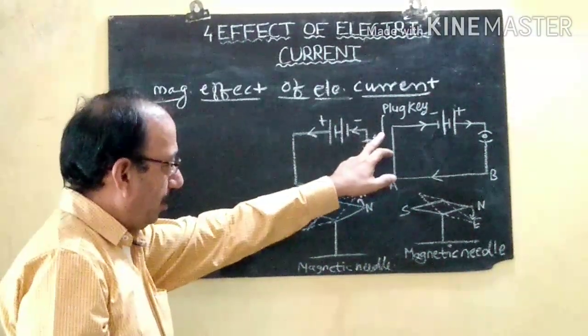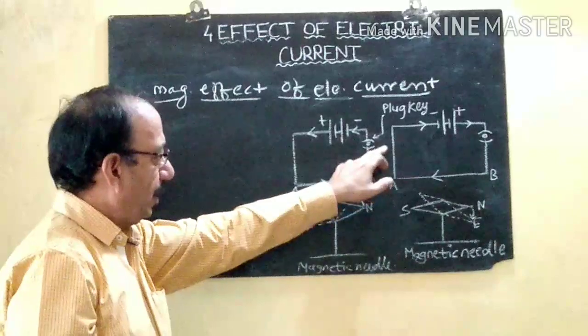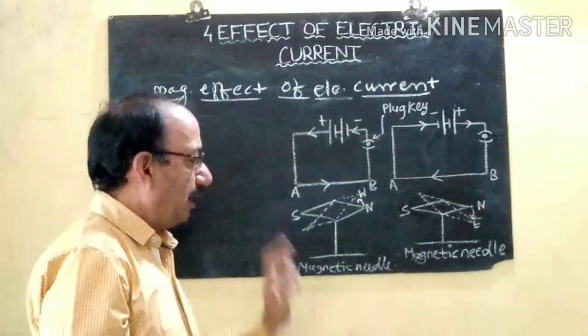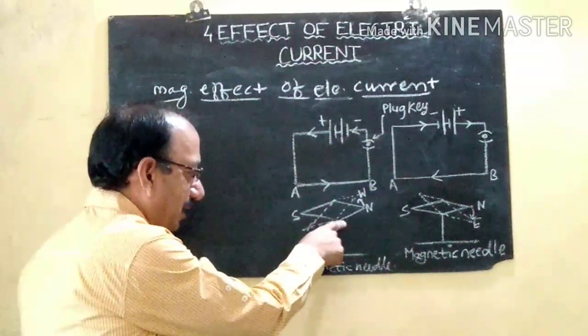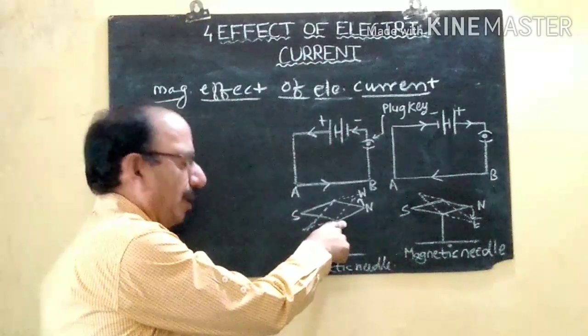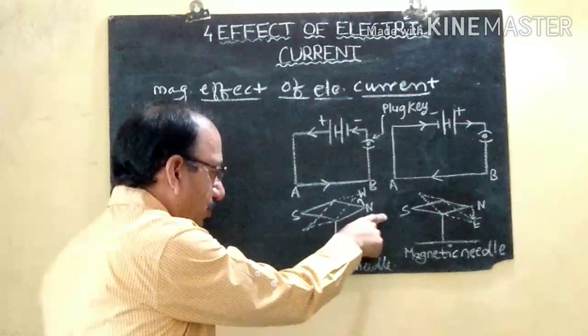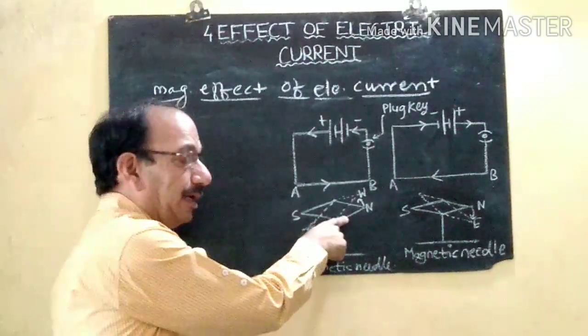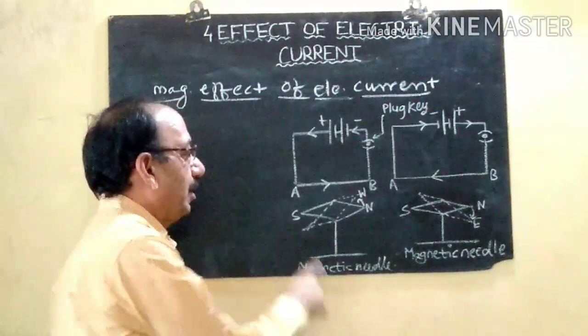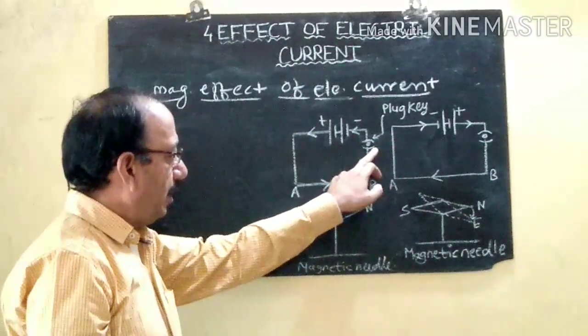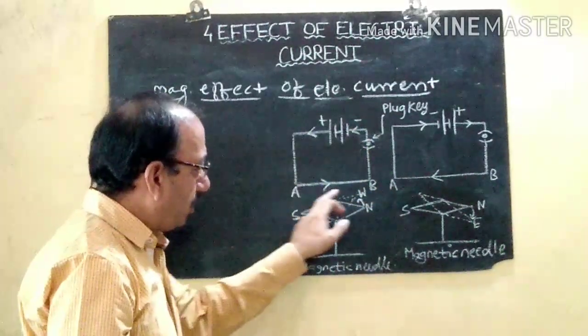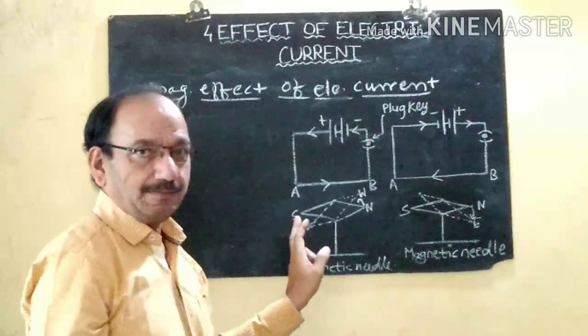Before, when the plug key is open, the current is not flowing in the electrical circuit. Observe the direction of this magnetic needle. You can observe that it is resting towards the north and south direction. This magnetic needle shows the north and south direction. When we close this plug key, the current will start to flow through this electrical circuit.